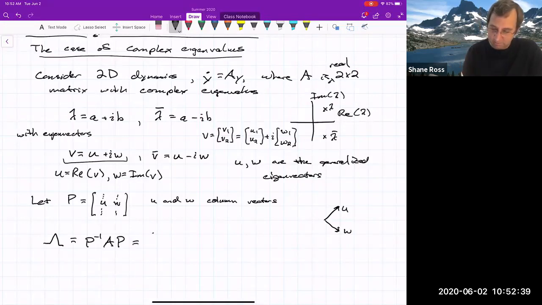What we will get, and you can even work it out, is this 2 by 2 matrix: a, b, minus b, a.